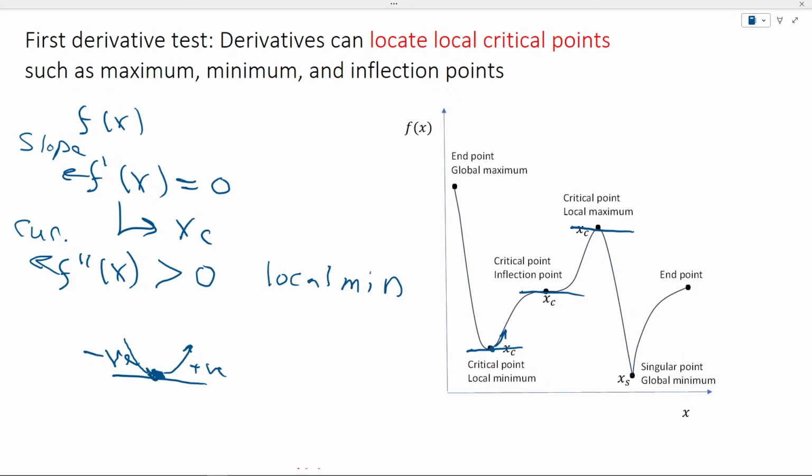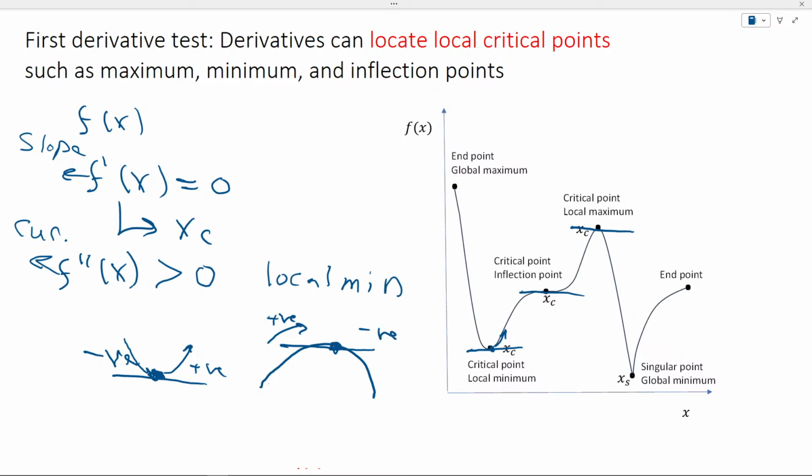Let's look at the other case. My function looks something like this: increasing, increasing, increasing. The slope is positive, then here it becomes 0, then here it is decreasing. Just to the right-hand side of this point, the slope is negative.